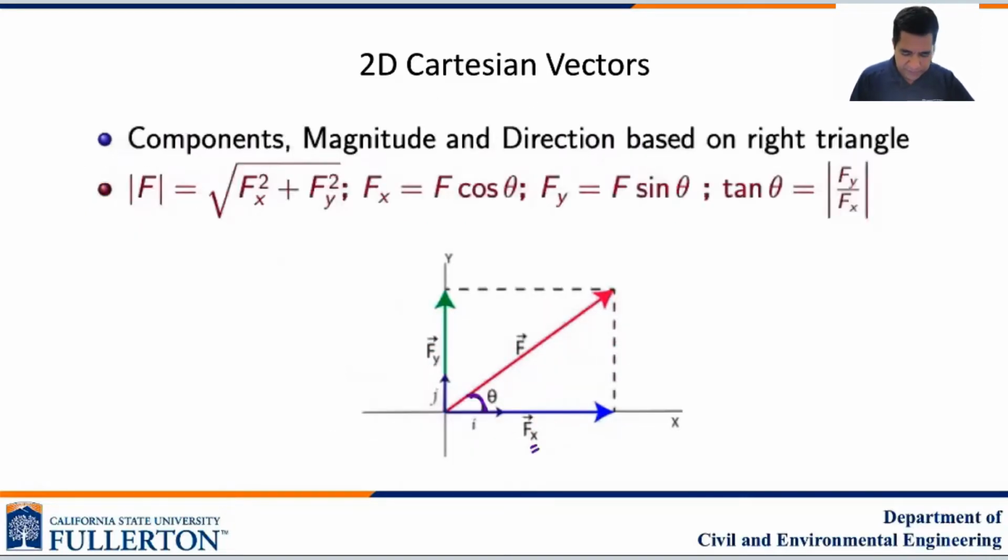For example, the magnitude is simply this length in the triangle, which is the square root of Fx squared plus Fy squared, whereas the x component is going to be F cos theta. Again, Fy is going to be F sine theta, and theta by itself can be defined using Fy over Fx, just using this triangle. So basically, we are solving the right triangle that we have here to get this information.